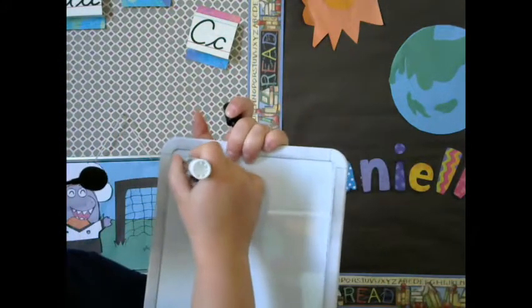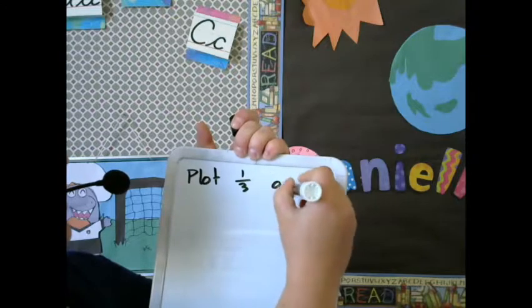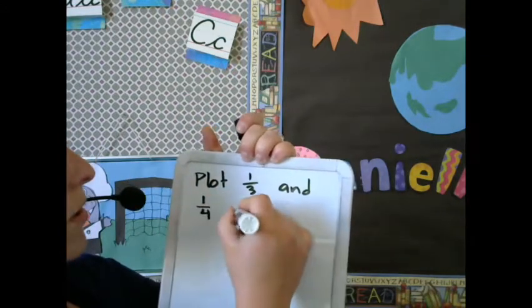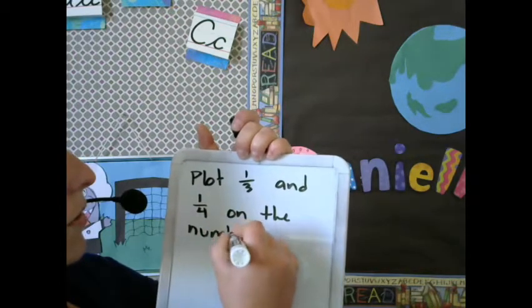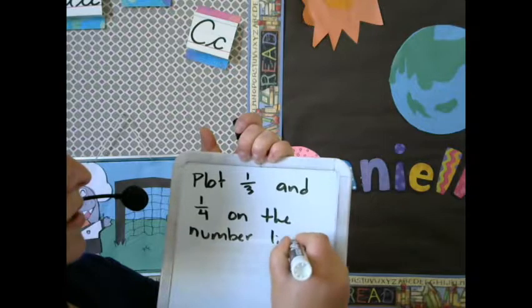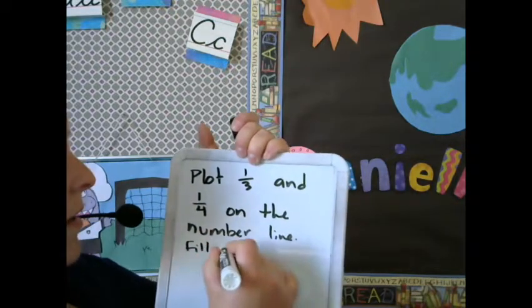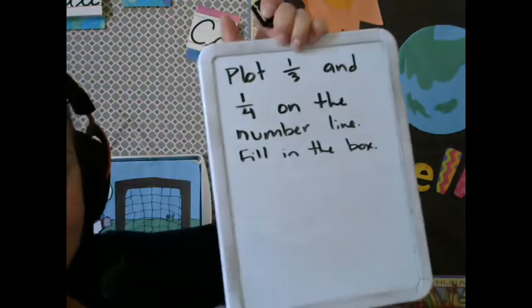So it might say plot 1/3 and 1/4 on the number line, then fill in the box with the correct blah blah blah blah blah, right? Might say something like that.